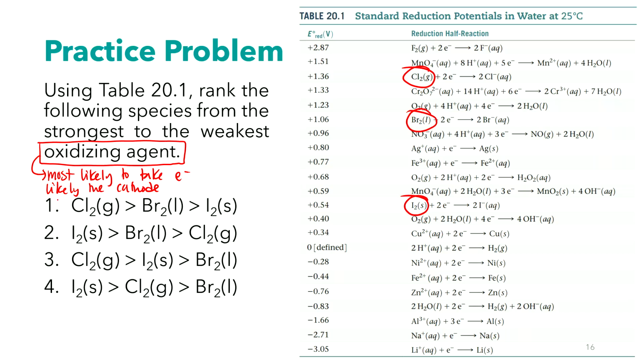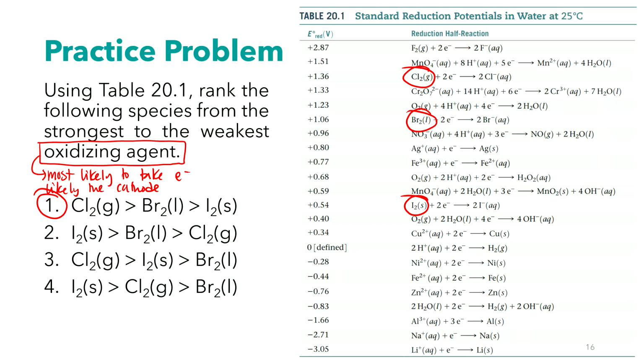So the right order is just 1, where I have chlorine. It wants it the most, because if I hooked up a chlorine and a bromine half cell, chlorine is going to take the electrons. Chlorine will be my cathode, bromine would be my anode. And then as we go down, iodine would be the least likely to keep its electrons of those 3.